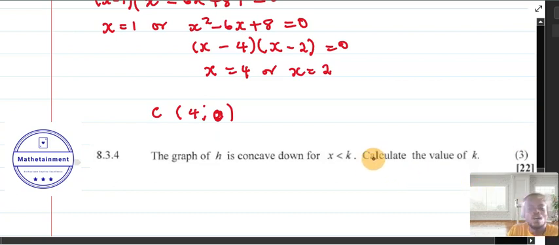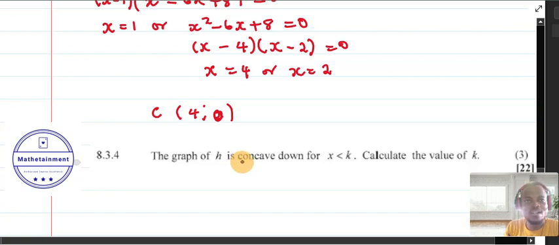Okay, moving forward, here we are given that the graph of h is concave down for x less than k, but we don't know the k. We're required to calculate the value of k. How do we find that value of k? When we talk of concavity, what should come to mind?